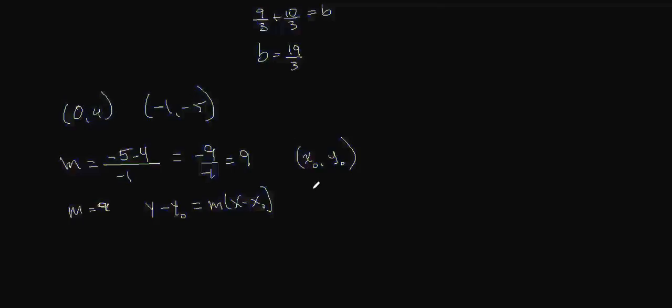I choose (0, 4) because the 0 helps out a little bit. So we substitute our values. So y minus 4 is equal to the slope, which is 9, times x minus 0. And if you distribute, this would be 9 times x minus 9 times 0, which is 0.